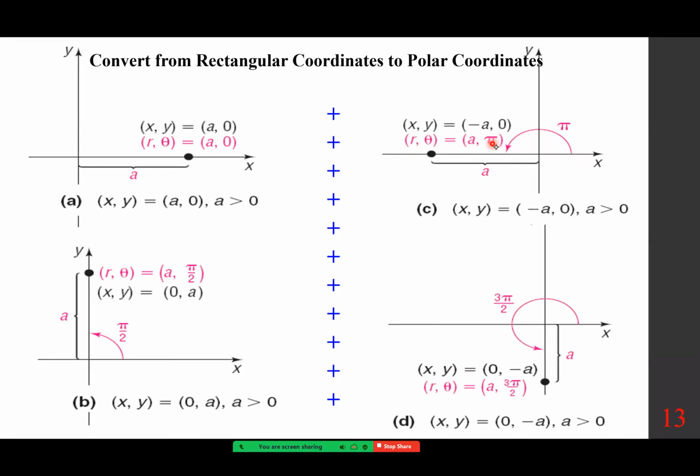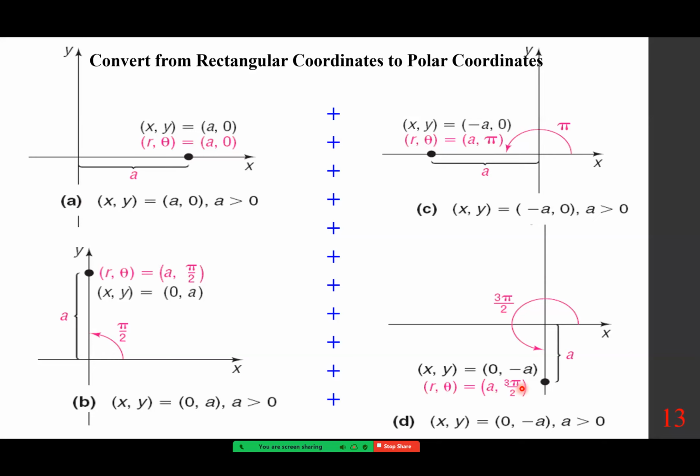If we are looking at the negative side of the y-axis, this angle is 3 pi over 2. Any point has coordinates 0, minus a. So the distance r is a, but the angle is 3 pi over 2.